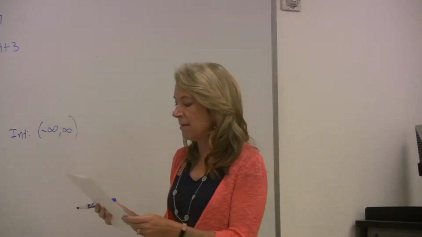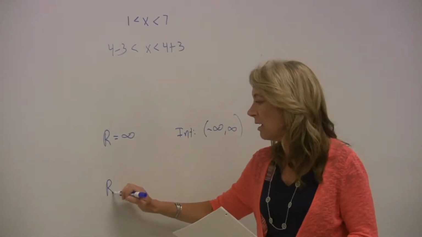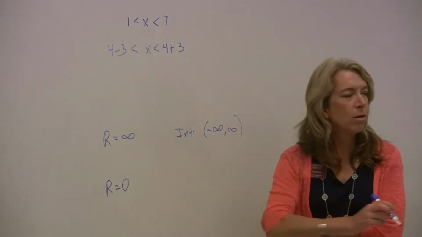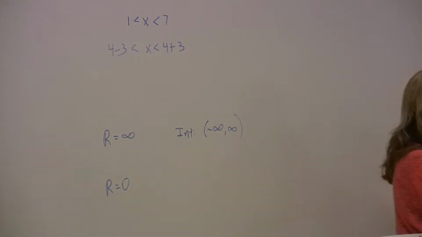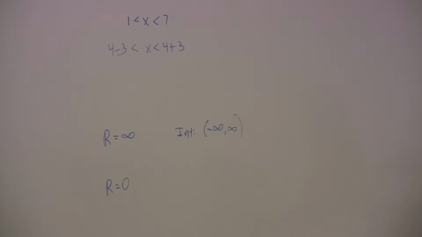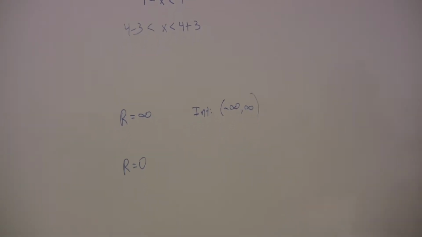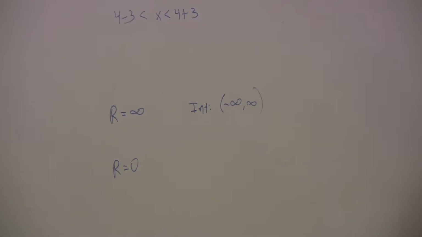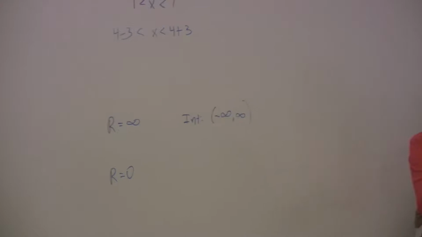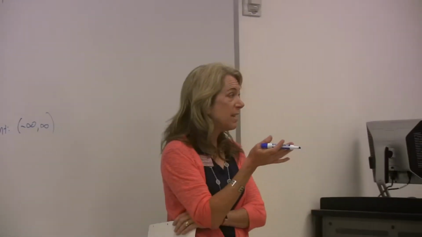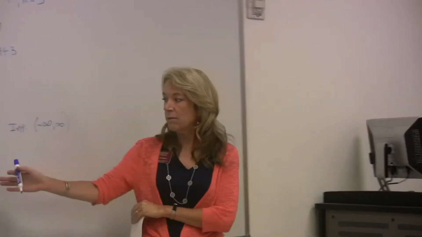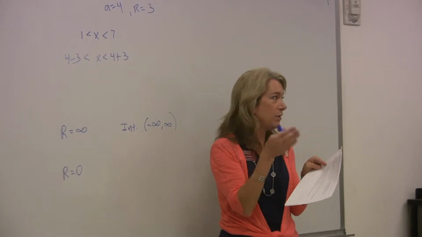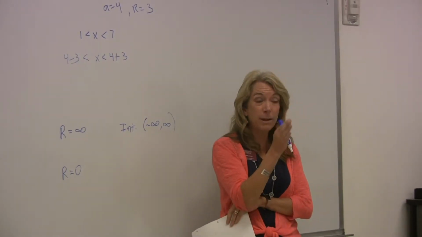You also will sometimes have R equals 0. What does that mean? If R equals 0, how far away from the middle am I allowed to move? You're on the center. I'm just stuck on the center. I can't move off the center. So let's say the center was x equals 5. If the center was x equals 5, this radius says, okay, you can't move left and you can't move right. 5 is the only one that works.